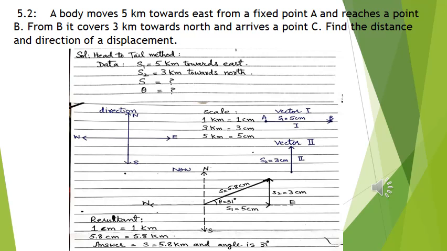Now how you will get the resultant of these two vectors? Draw a vector whose tail will join the tail of the first vector and the head of the second vector. Now this S is your resultant vector, final displacement of this body.